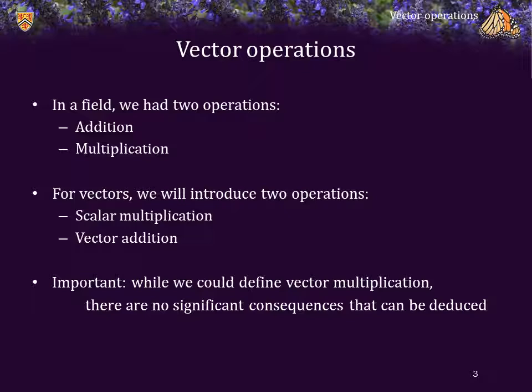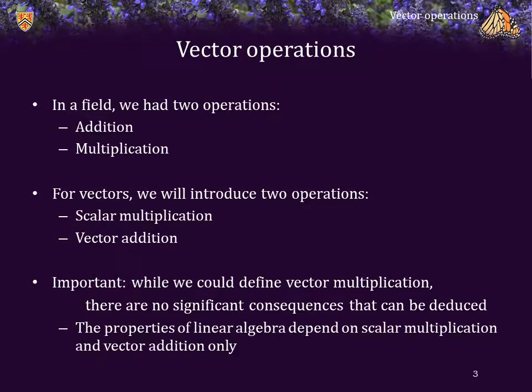Now, important, we could define something called vector multiplication, but there are no significant consequences that can be deduced from having such a definition. Consequently, all the properties of linear algebra which we find useful depend only on scalar multiplication and vector addition.